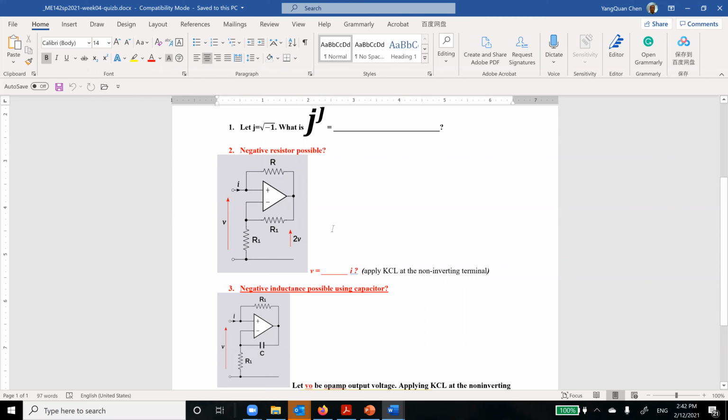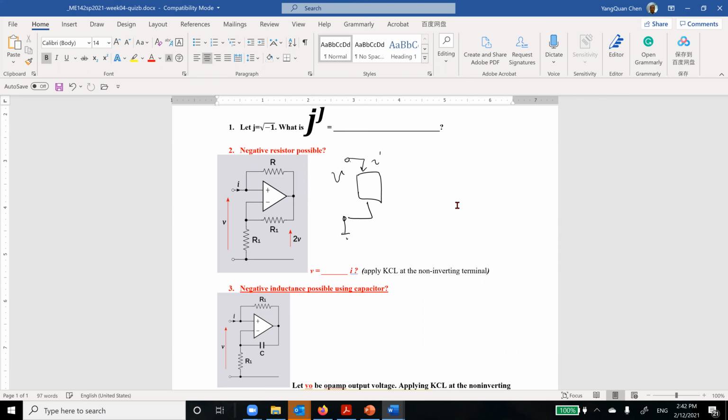Possible? Possible. Yes. So the basic idea is, listen carefully, if I treat everything like this, you have I, and you have V in here.